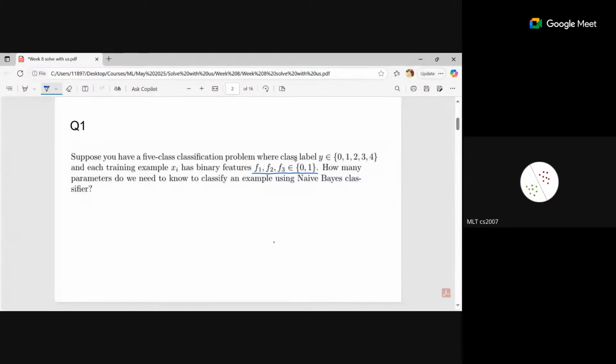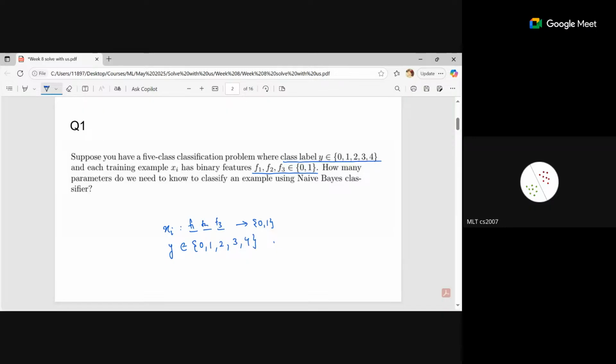So you have five labels, okay? So 0, 1, 2, 3, 4, and each example xi has binary features. So if my xi is f1, f2, f3, each of these will belong to 0, comma 1. The label y belongs to 0, 1, 2, 3, 4.